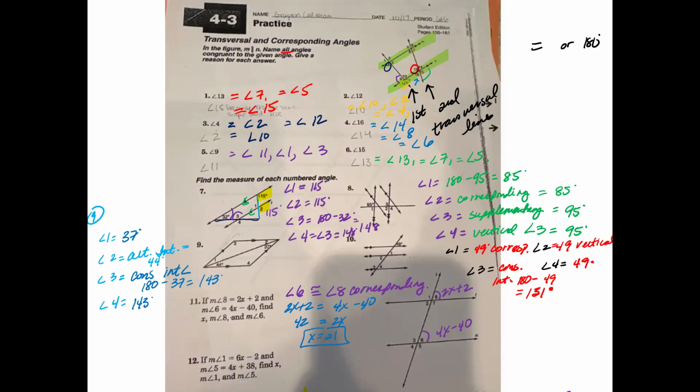Now, what is angle 8? 6 times 21 minus 2 equals, 6 is 2 times 21 plus 2. So do that, please.